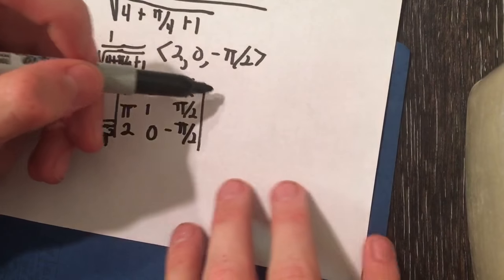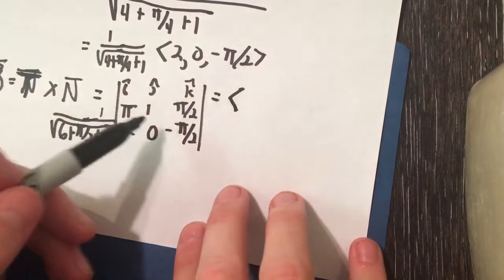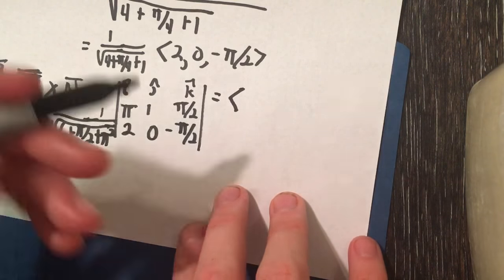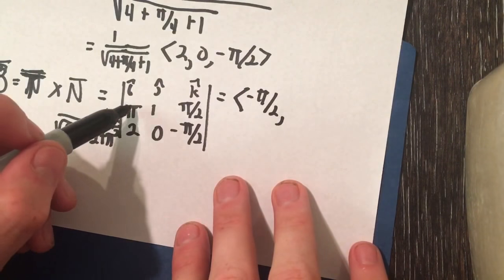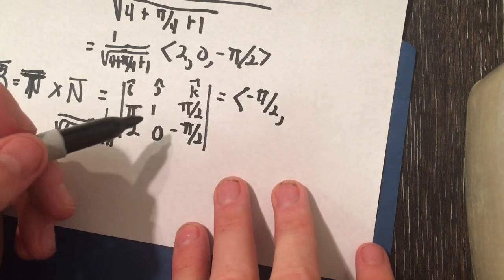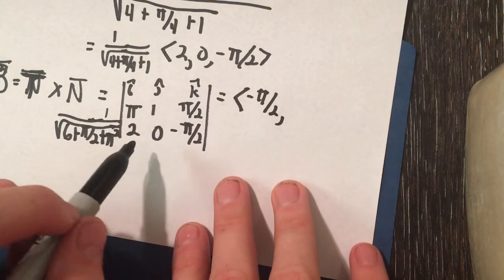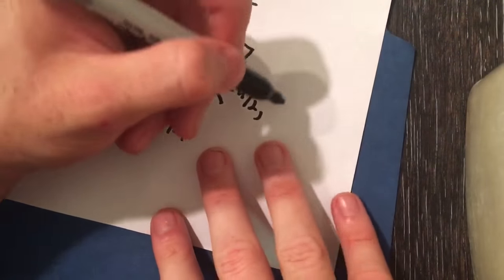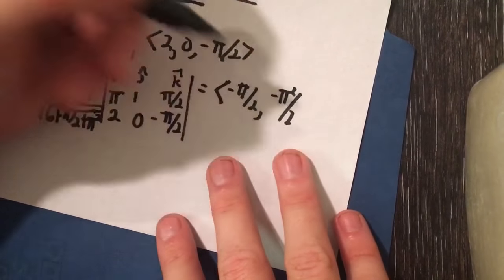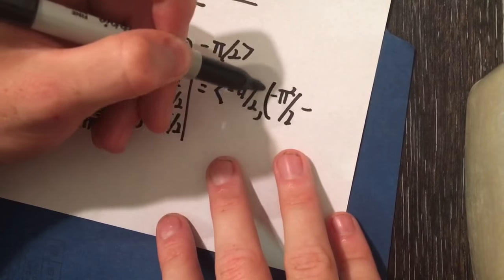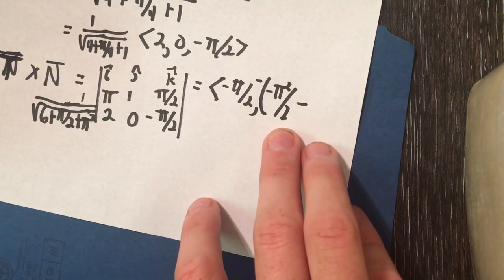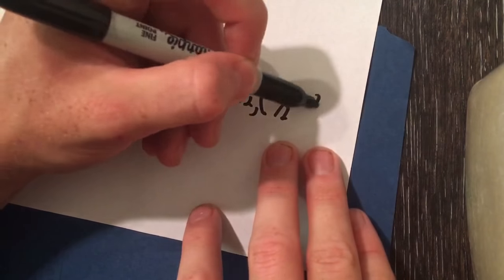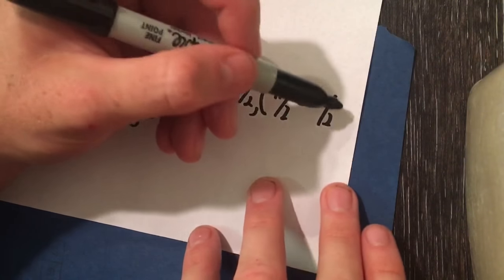When we solve this determinant, we would get 1 times negative pi over 2 minus 0. So negative pi over 2. Pi times negative pi over 2. Negative pi squared over 2 minus 2 pi over 2. Okay, so let's just write that out. Negative pi squared over 2 minus, and this is all times negative 1 because it's the j component, negative pi squared over 2 minus 2 pi over 2.